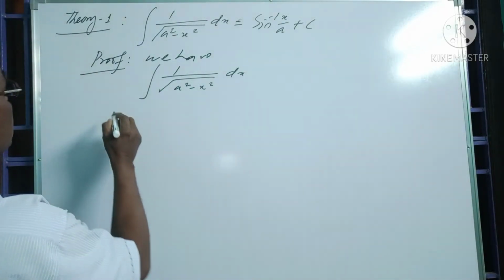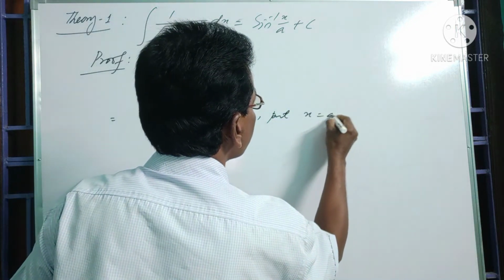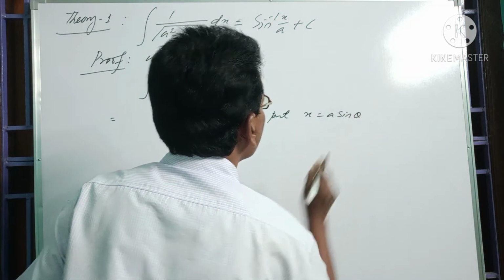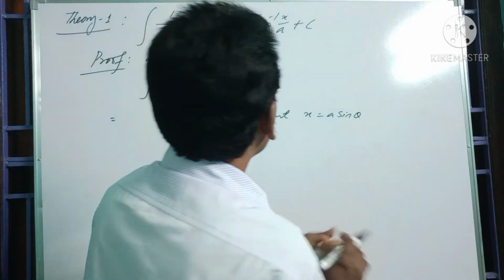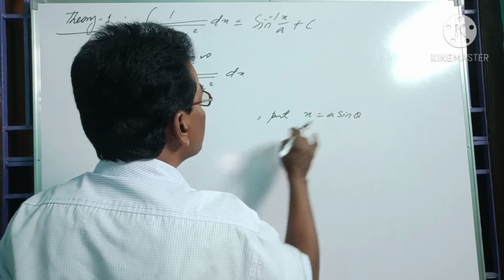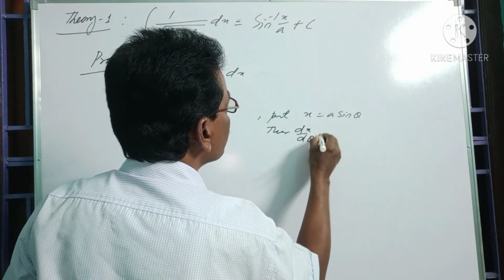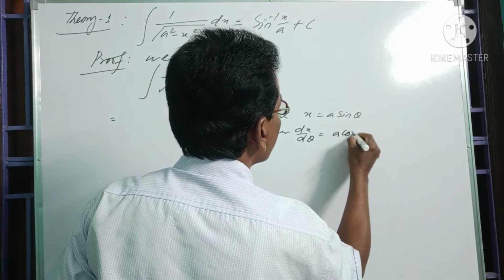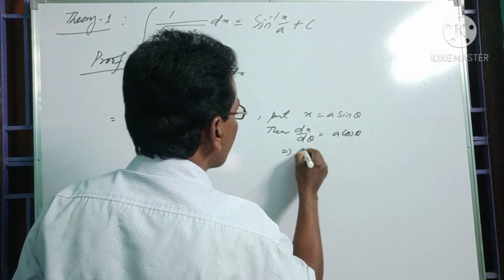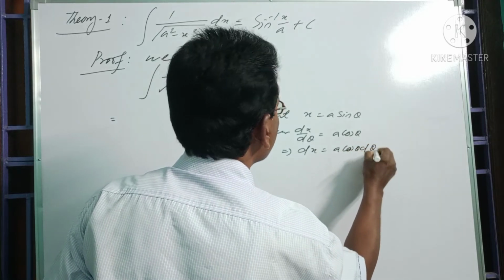So let us substitute, that is put x is equal to a into sin theta. Here x is a function of theta. So differentiating x with respect to theta, it will give us dx by d theta is equal to a into cos theta. So again simplifying, we have dx is equal to a into cos theta into d theta.